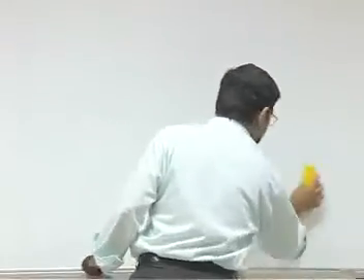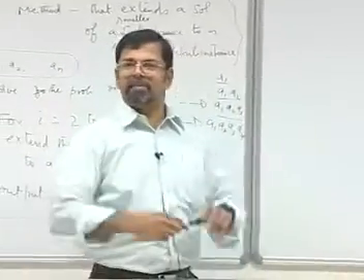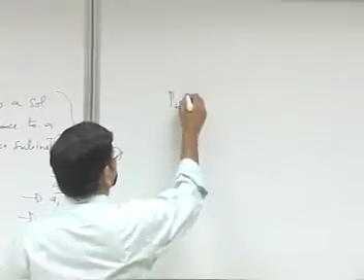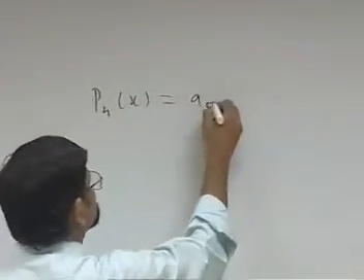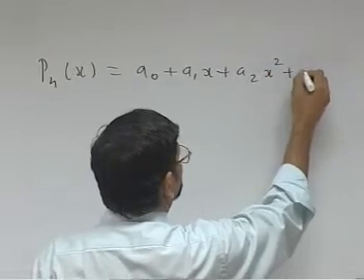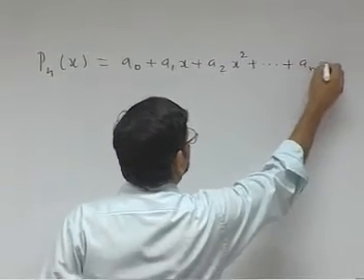This is evaluating a polynomial at a point. If you want to evaluate a polynomial, let us say Pn of x equal to a0 plus a1x plus a2x square plus ... plus an x power n.